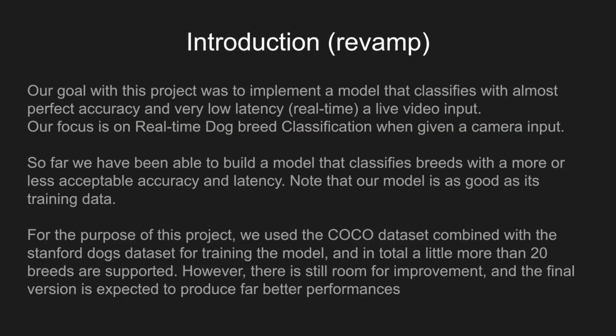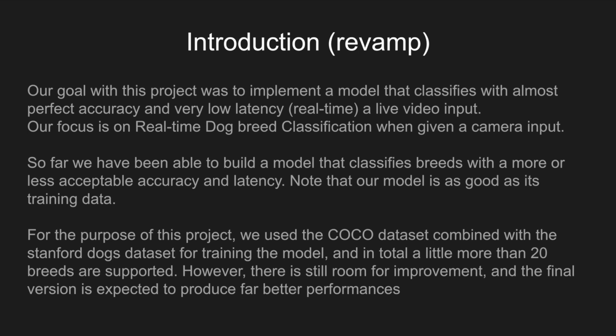Introduction. Our goal with this project is to implement a model that classifies dog breeds with almost perfect accuracy and very low latency when given a camera input, and this is going to be real-time dog breed classification. So far, we have been able to build a model that classifies breeds with more or less acceptable accuracy and latency.